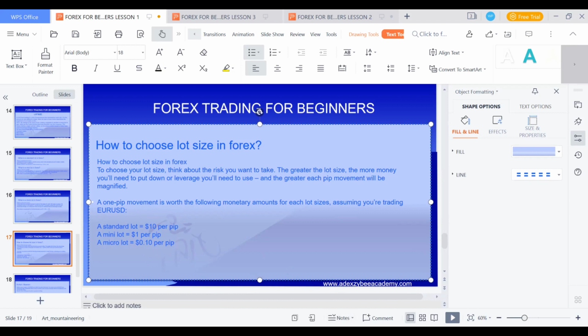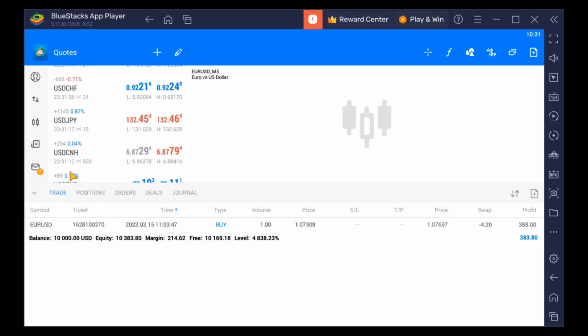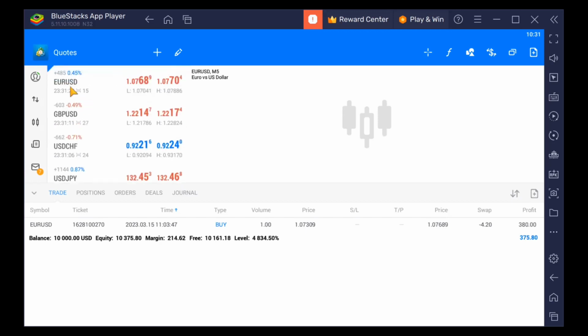All right, let's see this stuff on MetaTrader. This is MetaTrader 4. You see it right here when you want to place a trade.